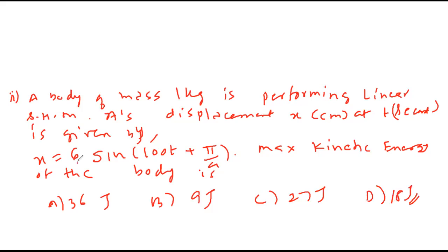If displacement is 6 sine (100t plus pi by 4), then what is the maximum kinetic energy of the body? This is the question. X is given in centimeter, you have to convert amplitude from centimeter to meter when required. Copy till this, then again I'm explaining now.